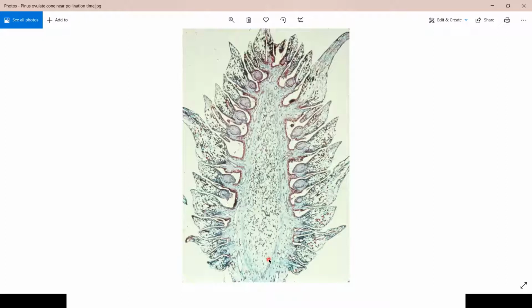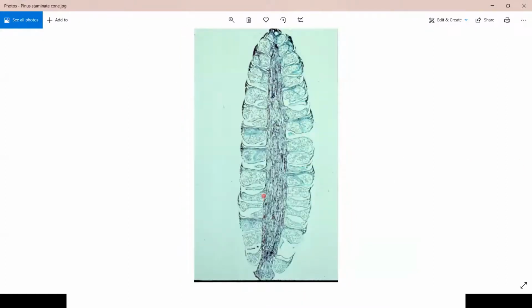In a gymnosperm, it has to do with transferring pollen from this. Here's a little one. This is a pollen cone. It's about an inch long, maybe. A section through the middle of it, mounted on a slide. And there's a sporophyll.